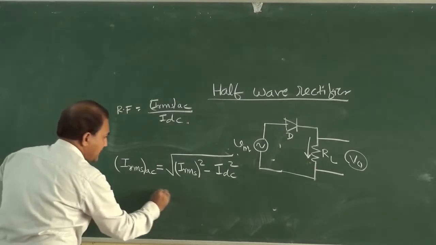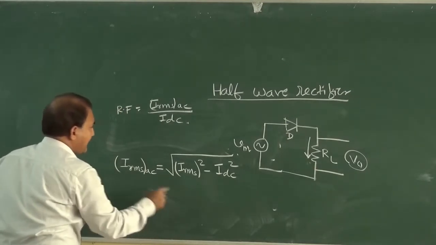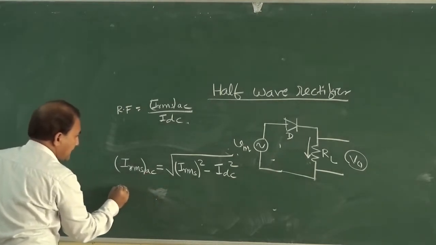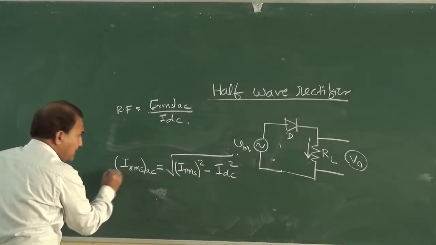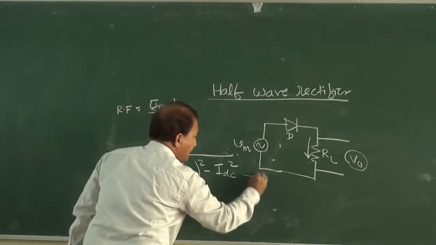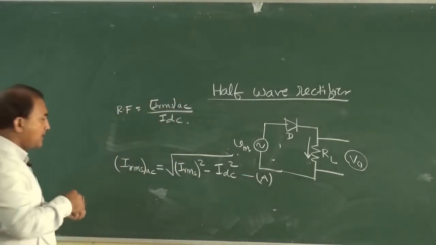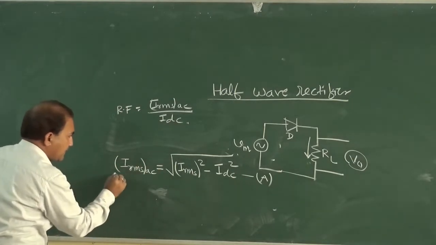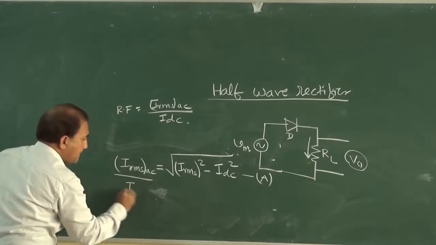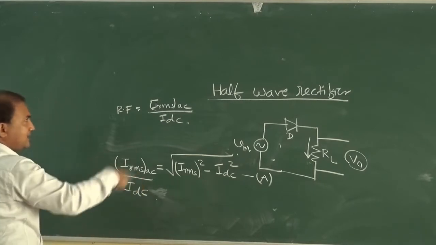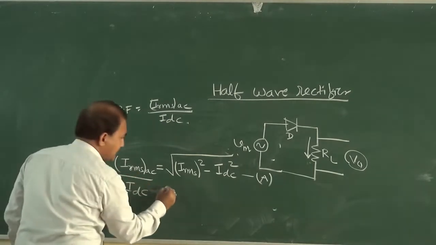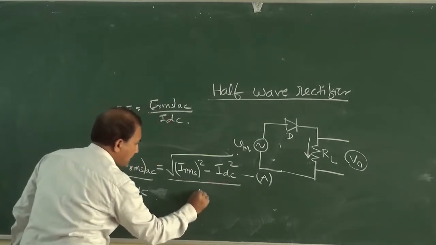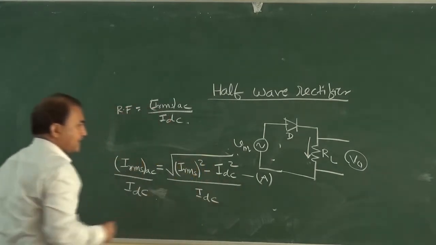So we can find the ripple factor like this: I RMS AC, and this is equation A. Now if we divide this with IDC, this is the ripple factor, so we have to divide it with IDC.